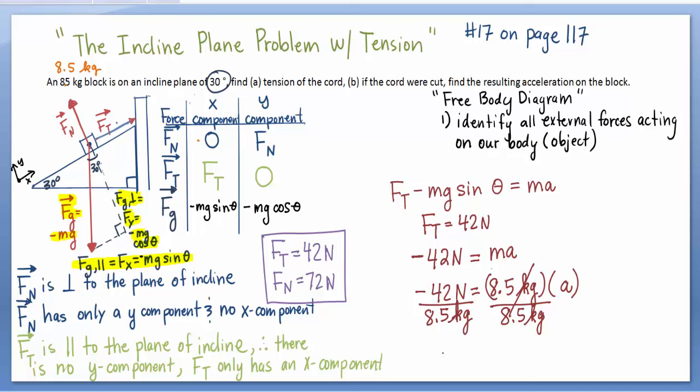And that would give me the negative 4.94 meters per second squared, the same as the other way that I worked it.